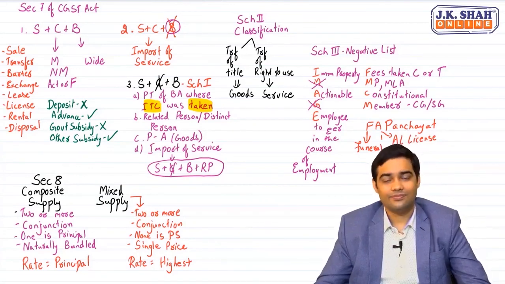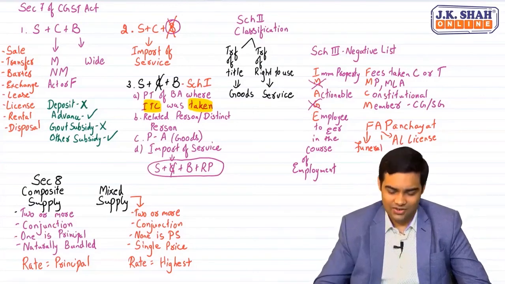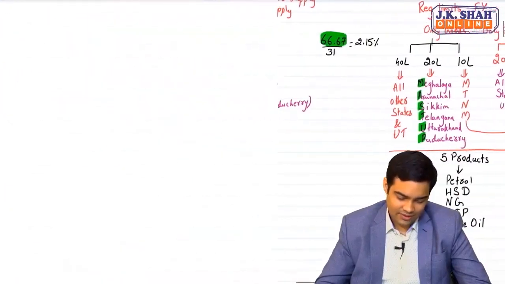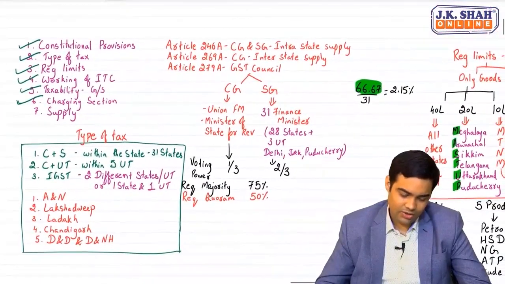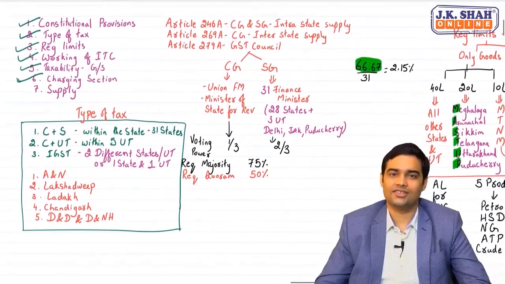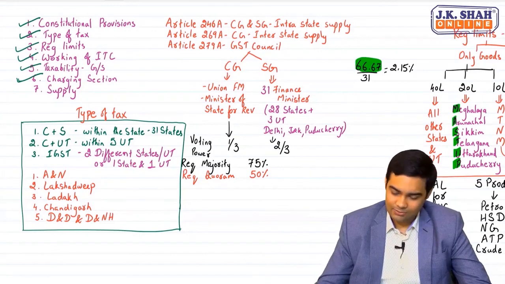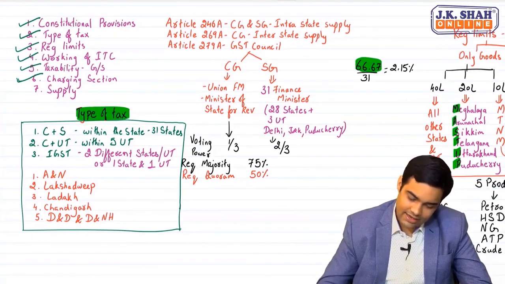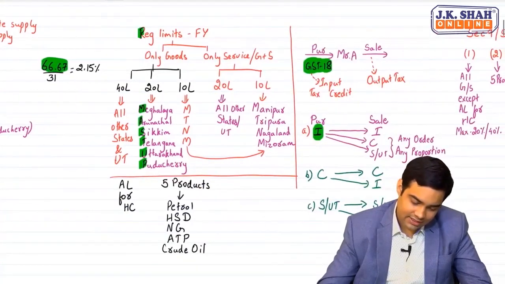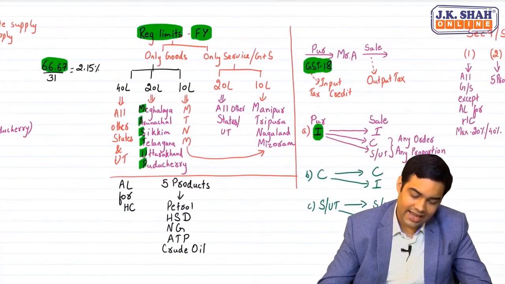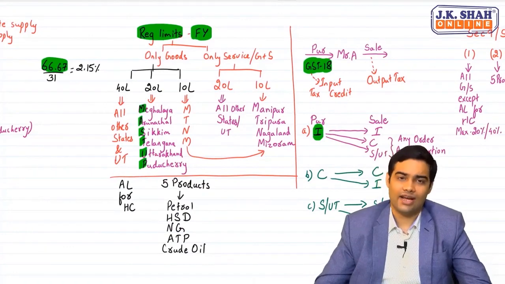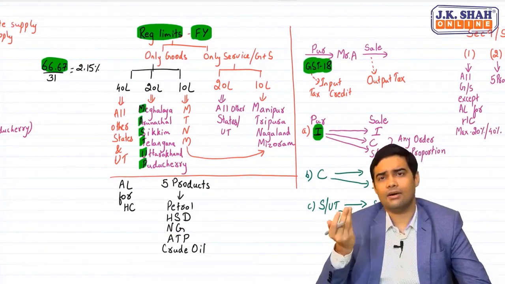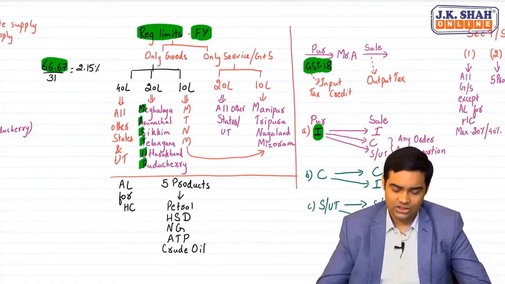Clear? One last sum up of entire part. First, we spoke about constitutional provisions. 246A, 269A, 279A. We spoke about type of tax here. Then we entered into registration limits which has to be calculated based on aggregate turnover in a financial year, which will again come across in registration.